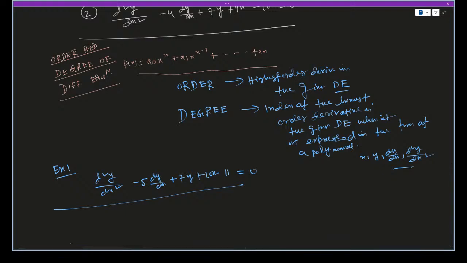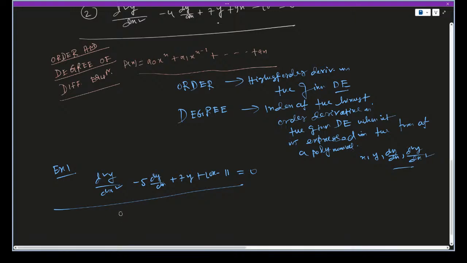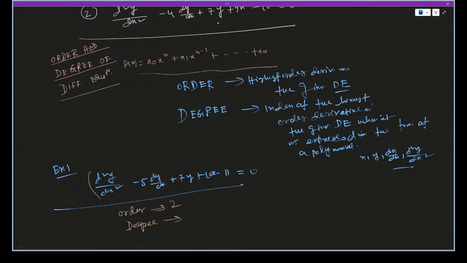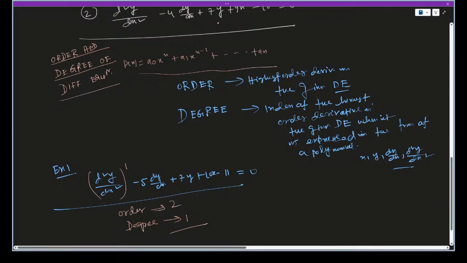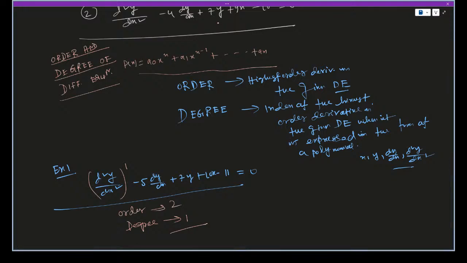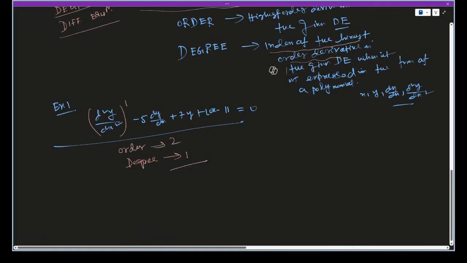So here, order is the highest order derivative, which is 2. Degree is the index of the highest order derivative. If nothing is there, you can write 1. So degree is 1. Okay? This is the index of the highest order derivative.